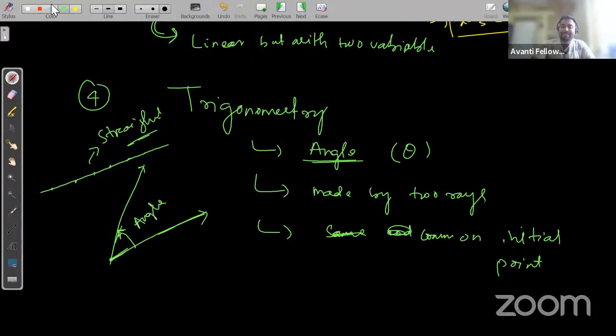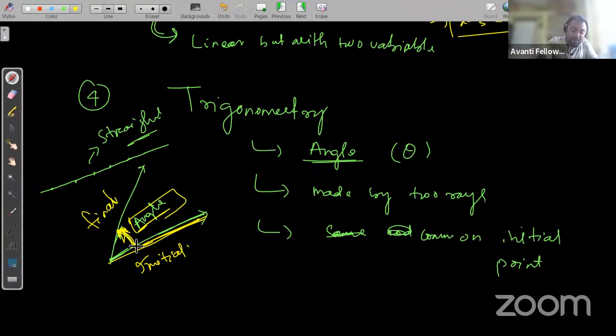Yes or no? So this is my initial ray and this is my final ray. What is the rotation you are doing? That is my angle. Is it clear to everyone? Yes or no? Okay, so this is all about your angles.